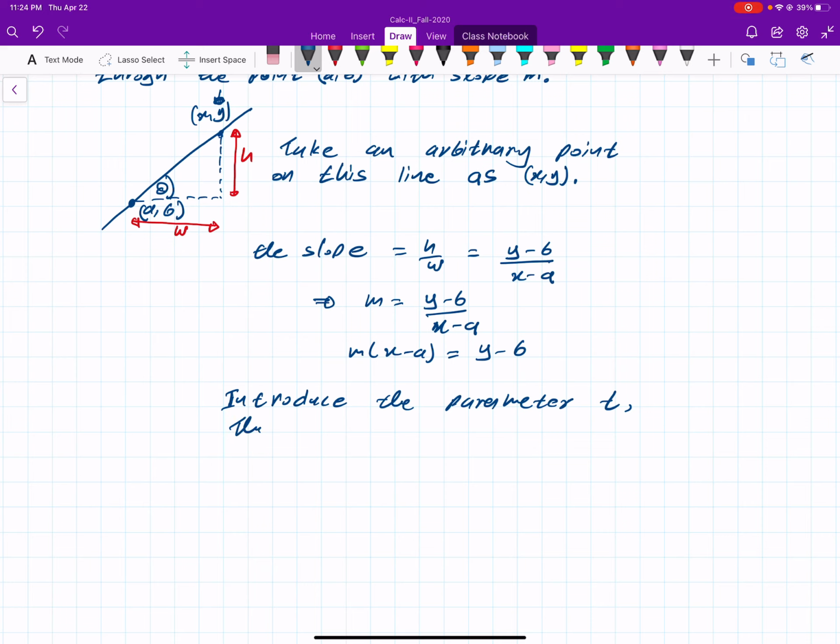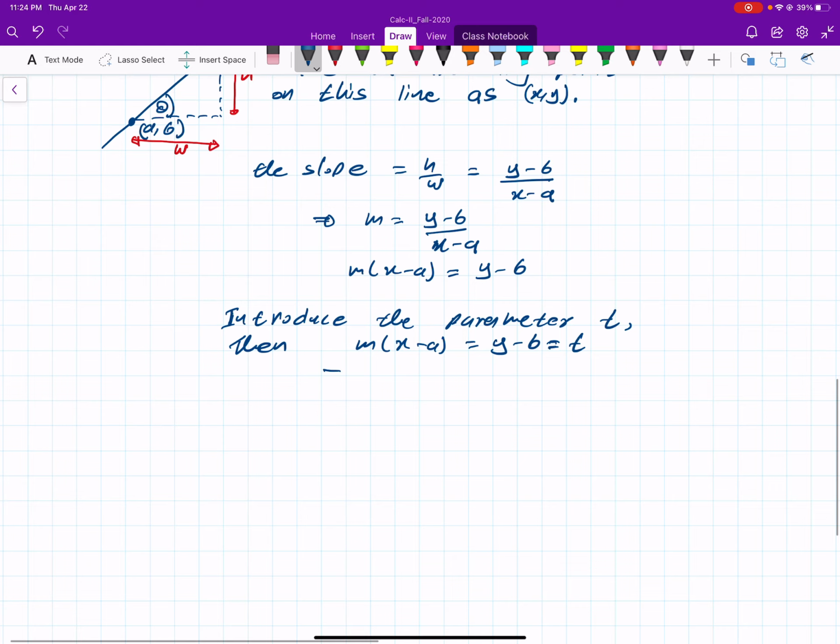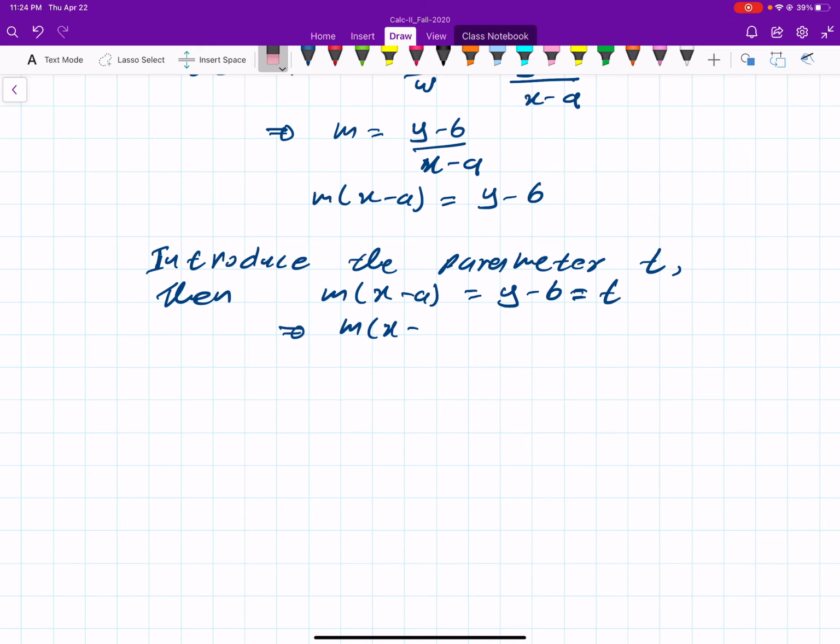Then you can write m times (x minus a) equals y minus b equals t. That's just a representation. Then I write m times (x minus a) equals t and y minus b equals t.